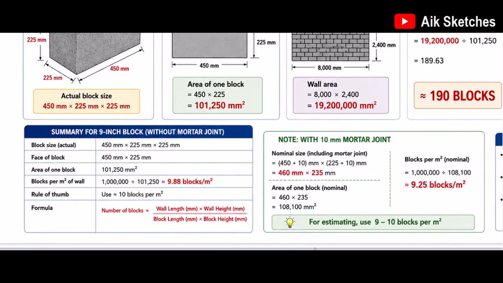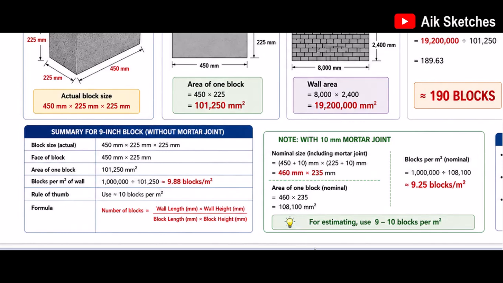In that case, the area of one block will now be 460 by 235, which is equal to 108,100 millimeter squared.